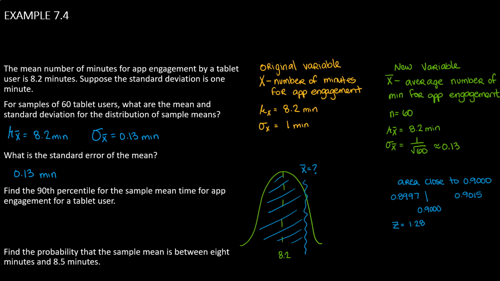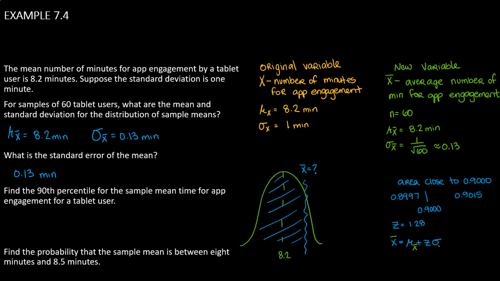Now the table only gives us z-scores, but we probably want to know the number of minutes that marks off that 90th percentile. So we need to convert that z-score into a variable value. We've done this before with an equation like x equals mu plus z times sigma, but we're not working with original variable values, so we have to amend this just a little bit.